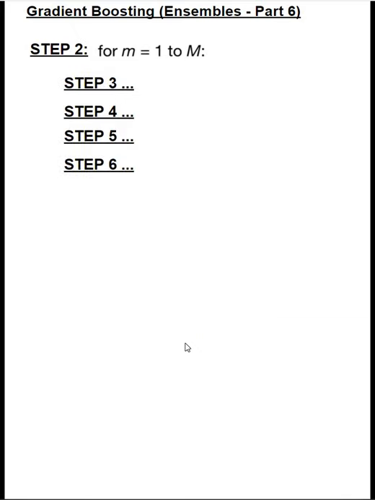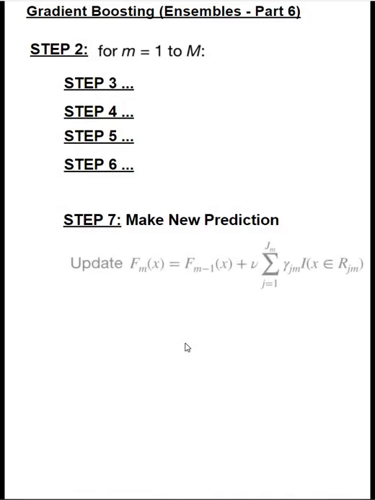Now that we've seen those steps, let's summarize them and come back to the important step 7, where we are making a new prediction. In step 7, the new prediction is made as the sum of the last known model, f of m minus 1 of x, plus a new term, which is the learning rate parameter, typically anywhere on the scale of 0 to 1, times the sum of all the gamma values that we have calculated in the previous step.